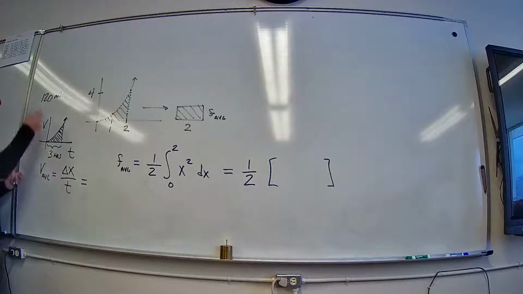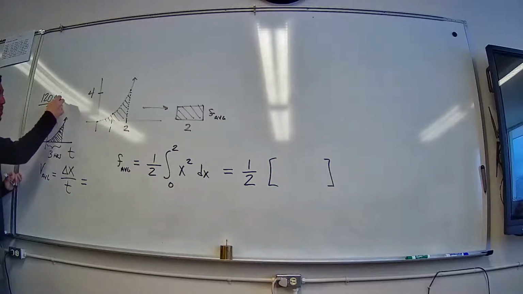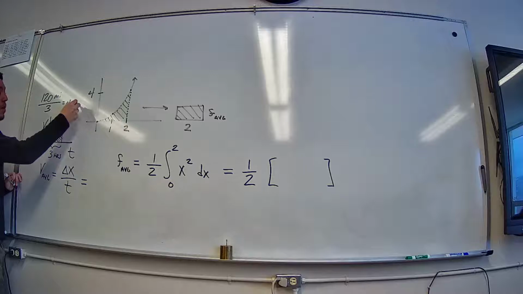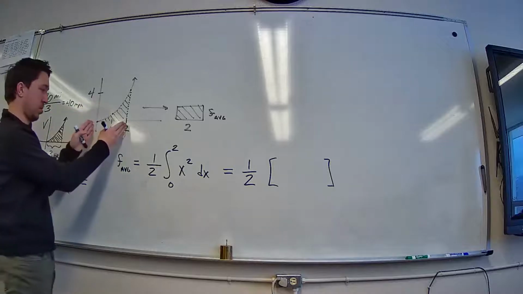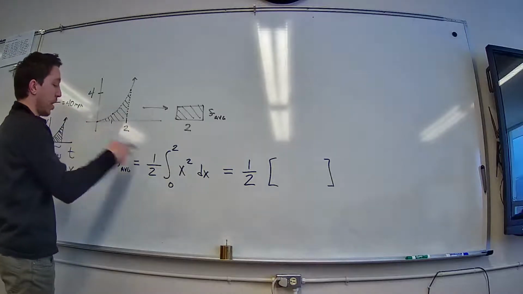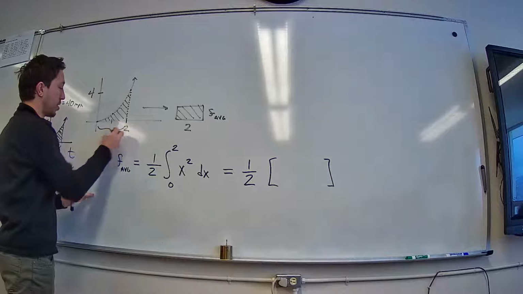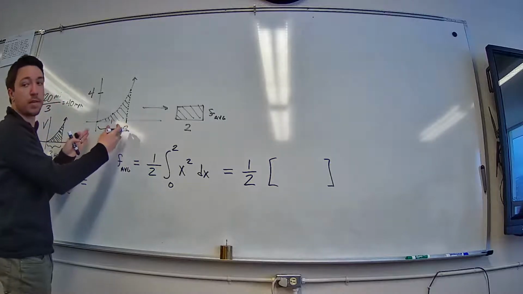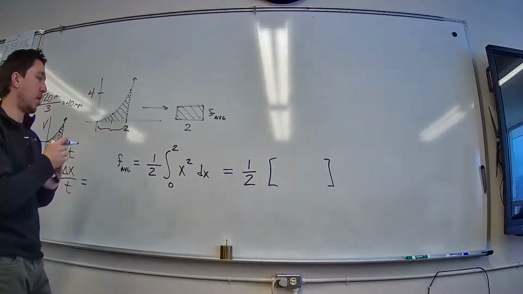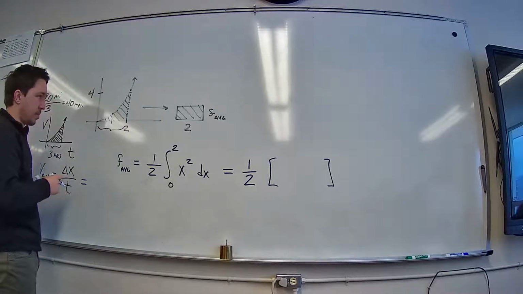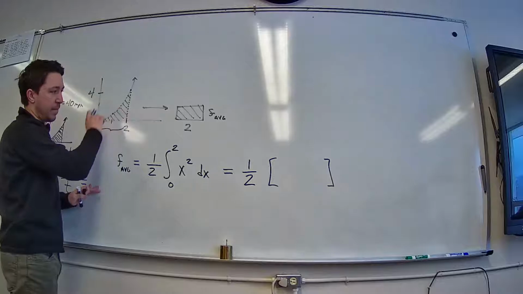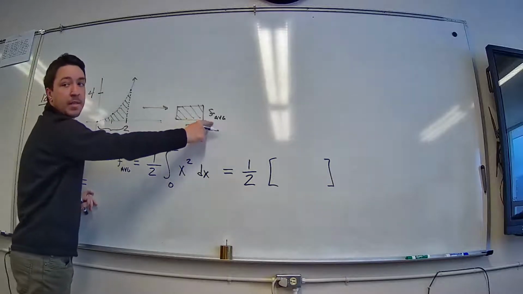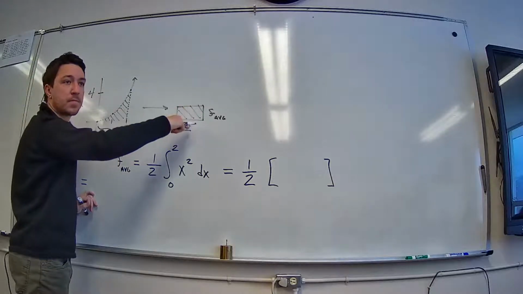We knew that took 3 hours overall, so you would divide by 3 to get your average. So we divide by 2 here because that's the width of the interval. It's like if I took the area and divided it by 2, it would tell me how big that height is.